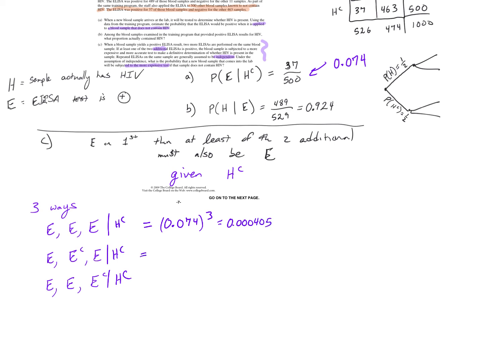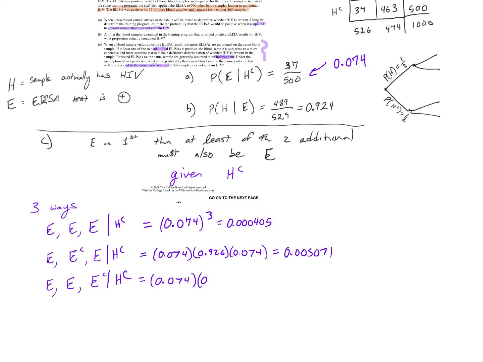The probability of getting a positive, then a negative, then a positive is going to be 0.074. This is, again, given that the sample does not actually have HIV. Then the probability that you get a negative test is going to be 0.926, and then 0.074 again, because you're getting a positive test on that third draw. And so we can throw that into a calculator. You get 0.00501. I'm going to do something similar here, so it's got to be positive, again unlikely but possible.